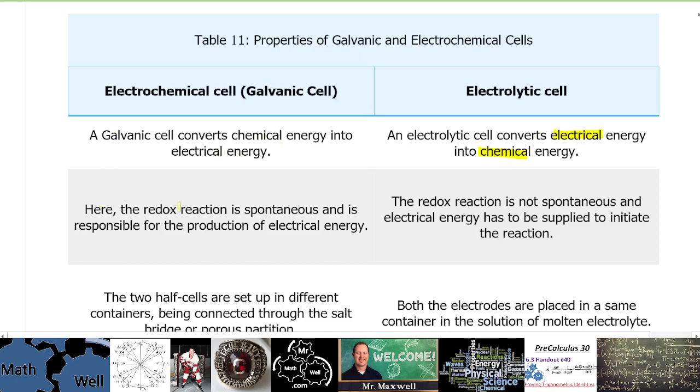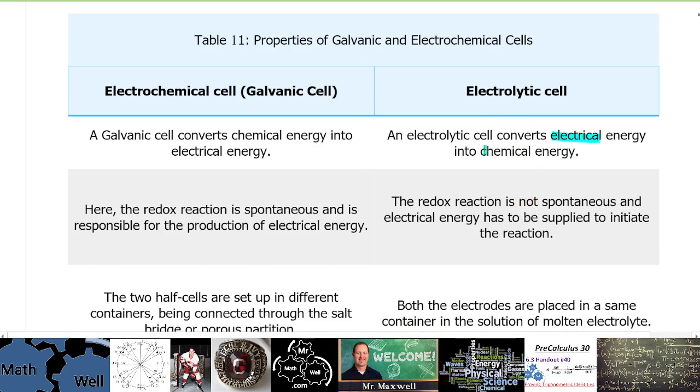Galvanic cell, here the redox reaction is spontaneous and is responsible for the production of electrical energy. In the electrolytic cell, the redox reaction is not spontaneous and electrical energy has to be supplied to initiate the reaction.